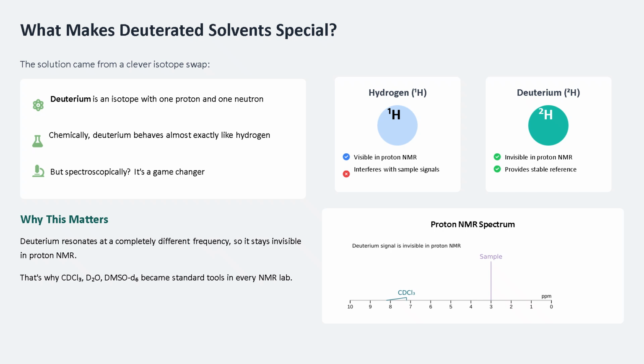Deuterium resonates at a completely different frequency than hydrogen, which means it is essentially invisible in proton NMR. That's why solvents like CDCl3, D2O and DMSO-D6 became standard tools in NMR laboratories worldwide.